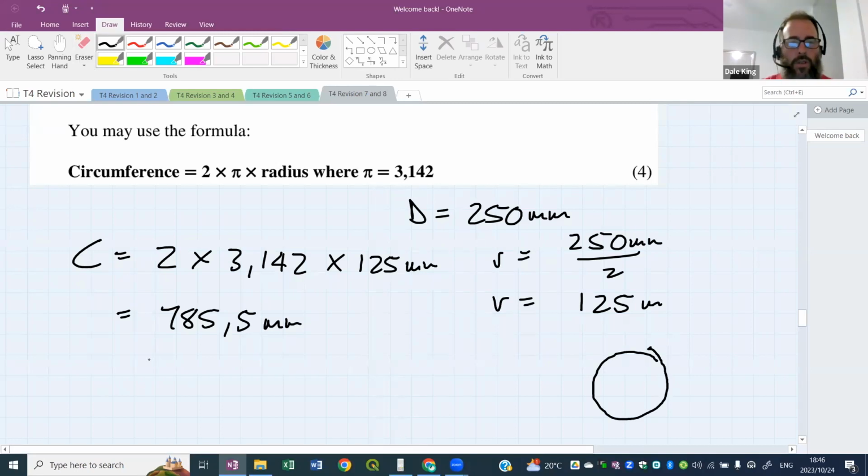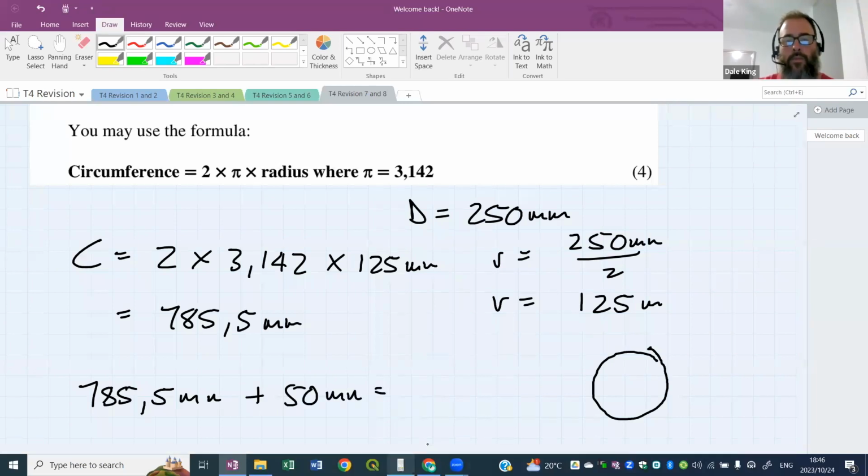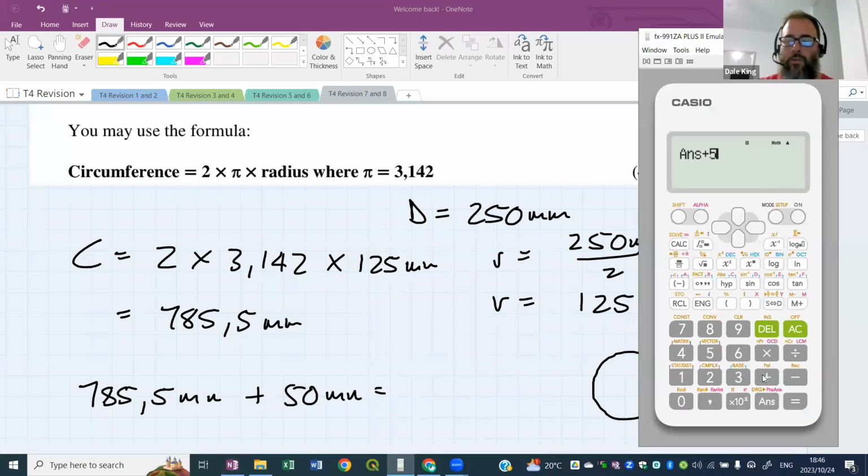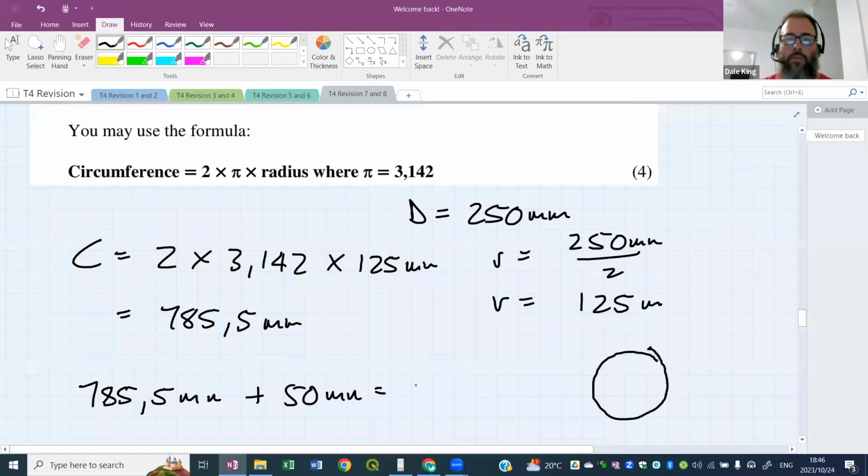So the circumference is 785.5 all the way around the circle, but we also need to add on the 50 millimeter overlap. So we have to add that on to this answer. So I'm going to just say plus 50, and that gives us 835.5, 835.5 millimeters.